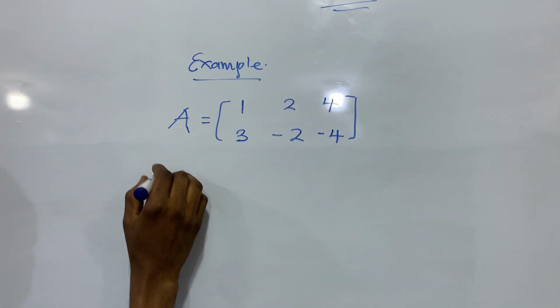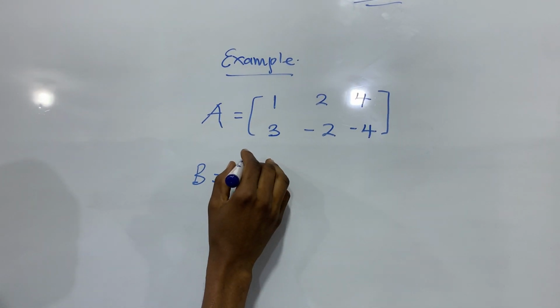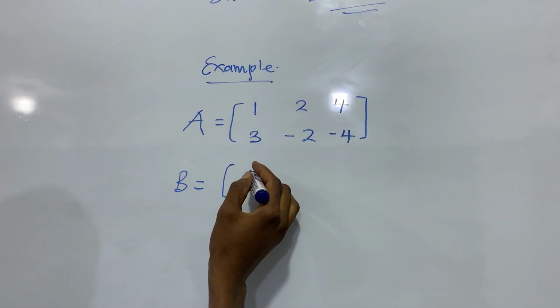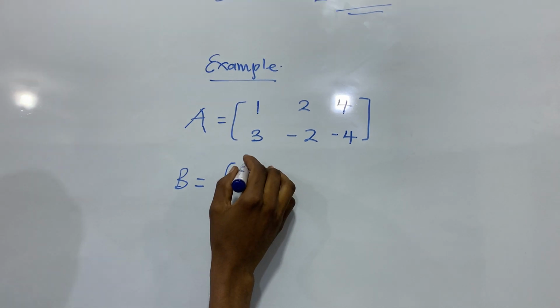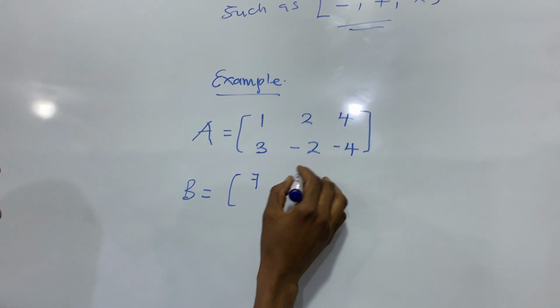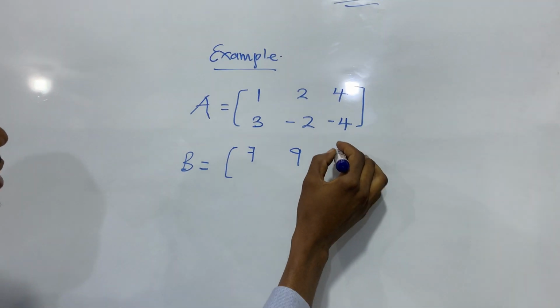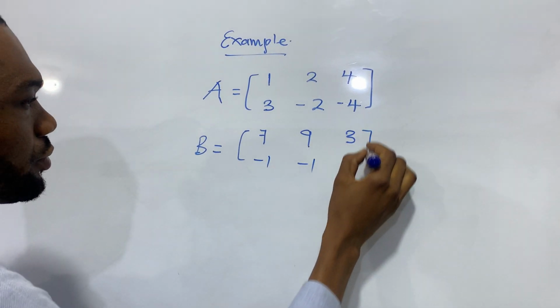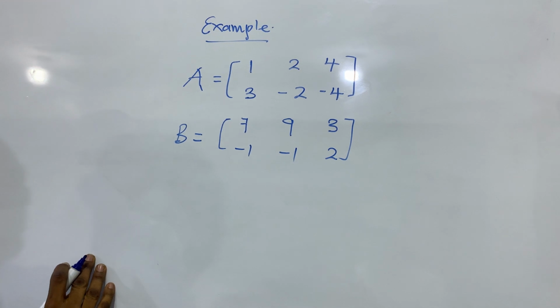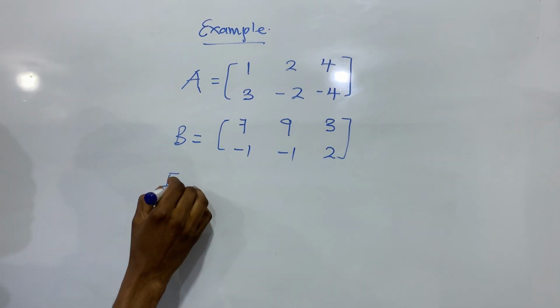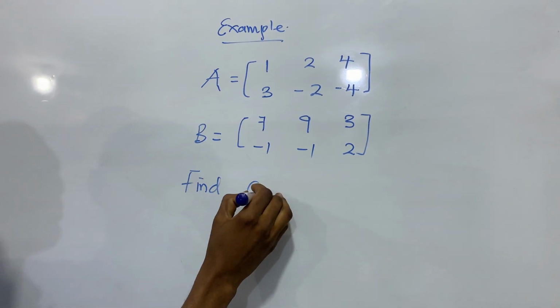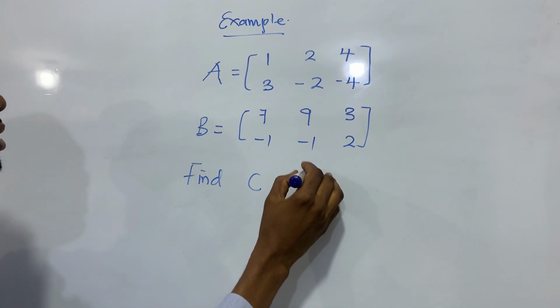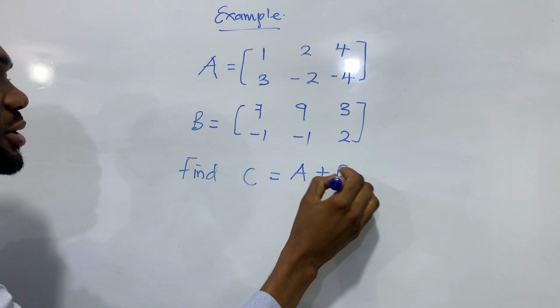And we also have matrix B equal to, let's say, 7, 9, 3, minus 1, minus 1, 2. And the question can be like, let's find matrix C which equals A plus B.